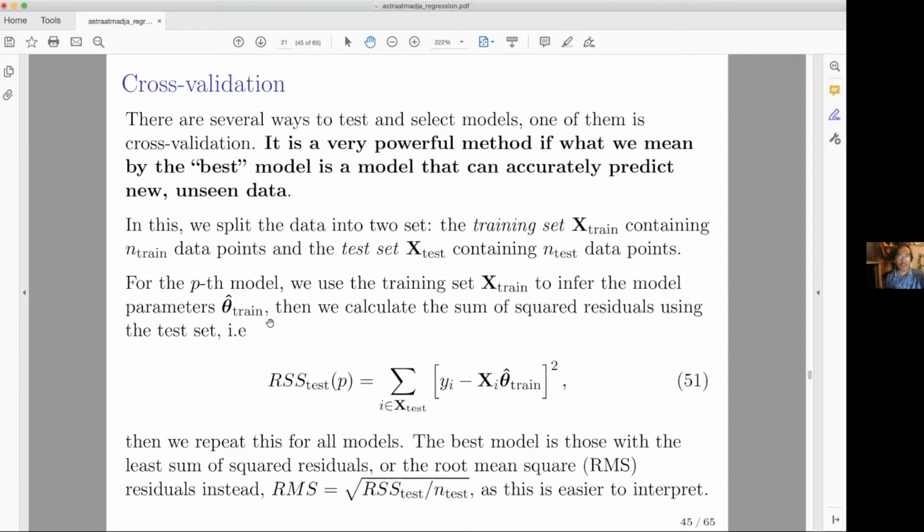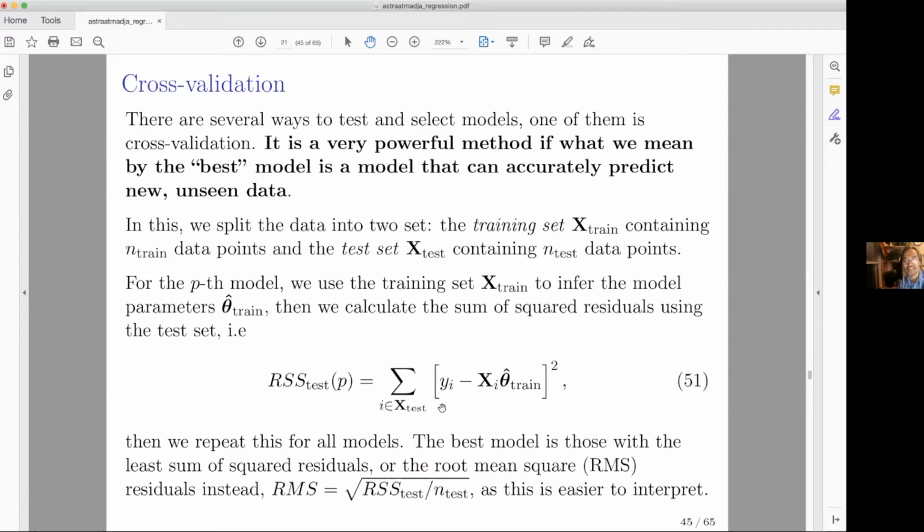Now for each set of models, we determine the parameters using the training set, and then we predict the values of the test set and compare them with the y's.